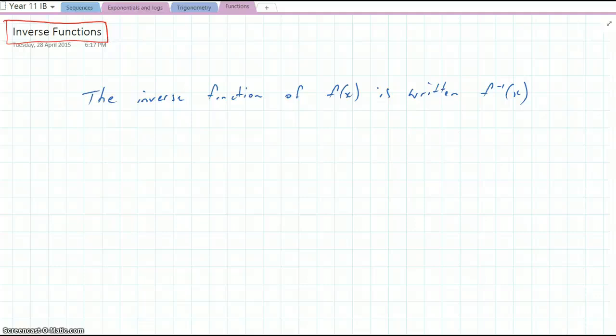Okay, so there's a few ways of looking at this, but in its simplest form, the way I like to talk about it is that if you've got a function, f of x, it will have a whole set of coordinates, a whole set of ordered pairs. We talked about that's actually what a relation is. A function is a relation that also passes the vertical line test.